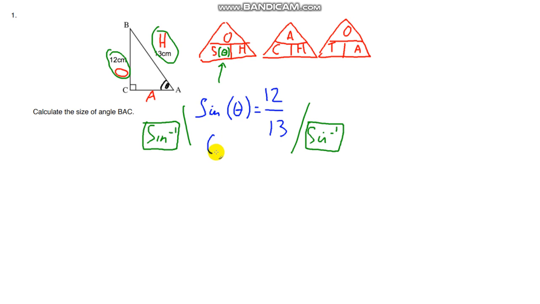So I'm just going to be left with theta. But on this side I need to ensure that using my calculator I do sine minus 1 of 12 over 13. Using a calculator, this will find me a value for theta.